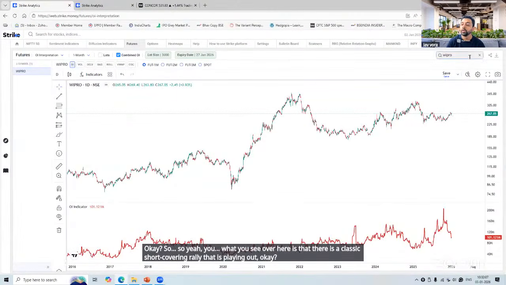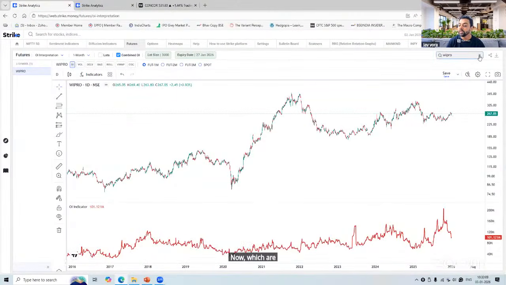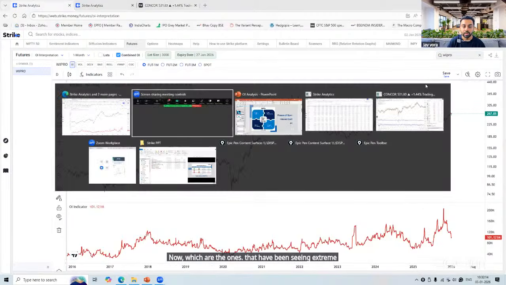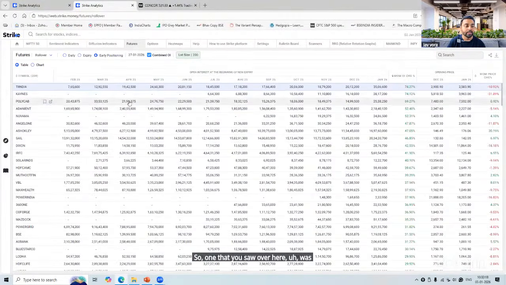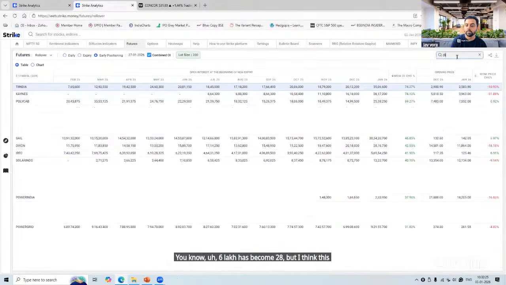Now, which are the ones that have been seeing extreme short positions, right? One that you saw over here was Kaynes. 6 lakh has become 28, but I think this is not the right figure.